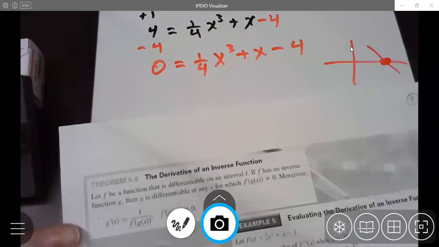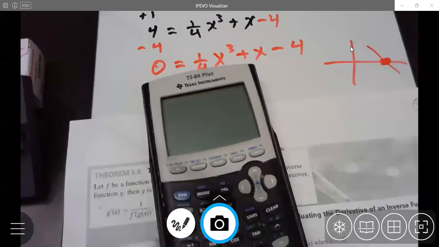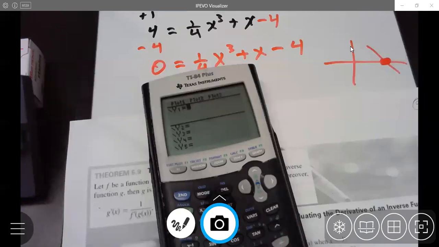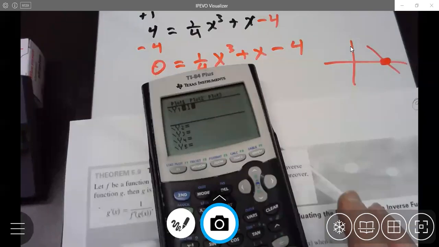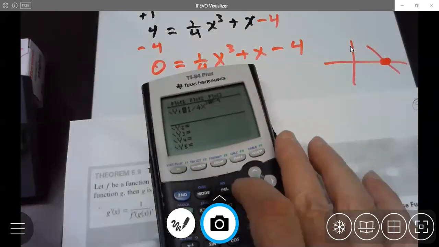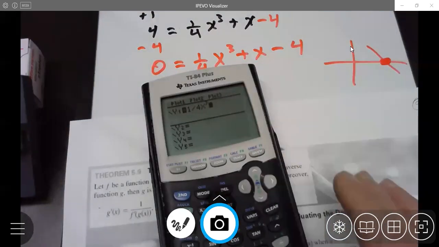So we go ahead and put this in our calculator. You can use 1/4 or 0.25, we'll just use 1/4. 1/4 x cubed plus x minus 4. I have to hit the right arrow to get out of the exponent.